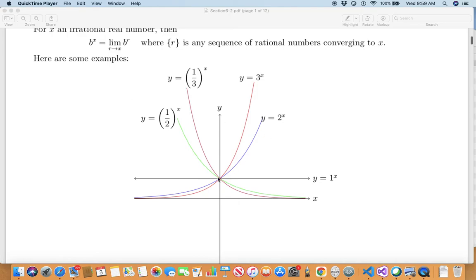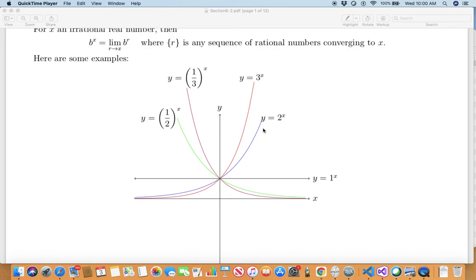Here are some examples. The blue curve is 2 to the power x. The red curve is 3 to the power x. The purple curve is (1/3) to the power x. Half to the power x is the green curve. Notice there is some symmetry going on. 2 to the power x and (1/2) to the power x are symmetric about the y-axis.